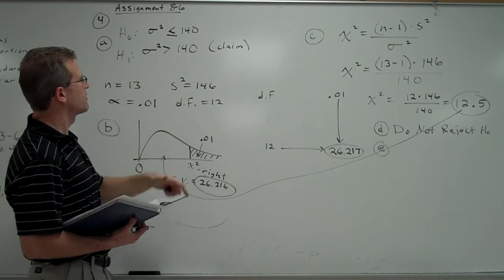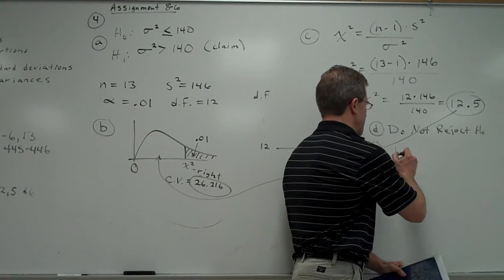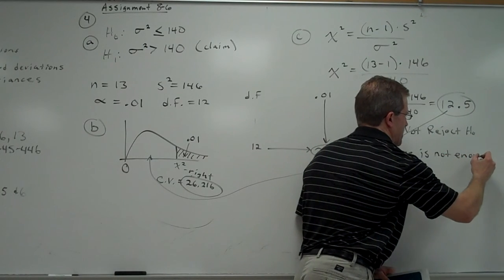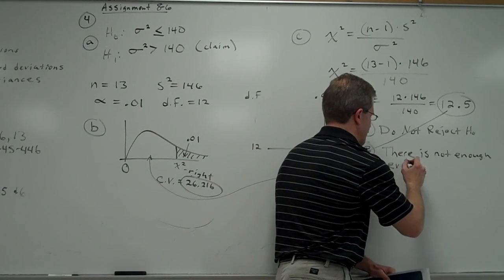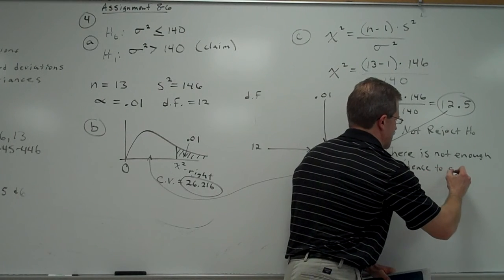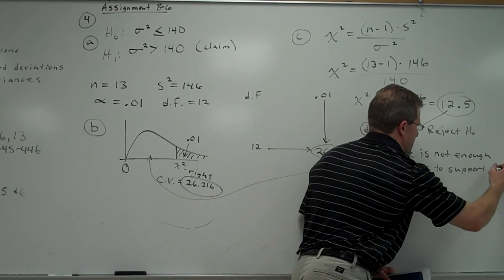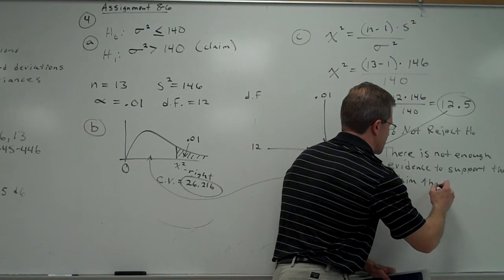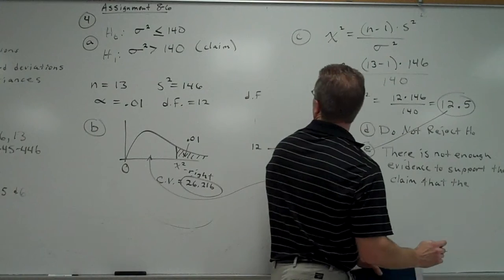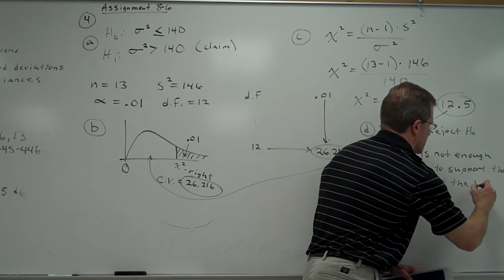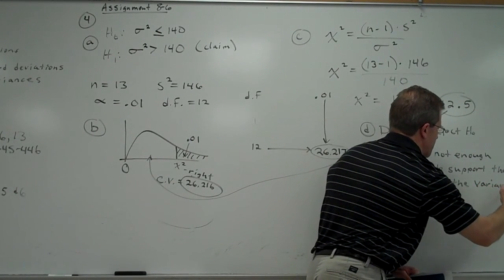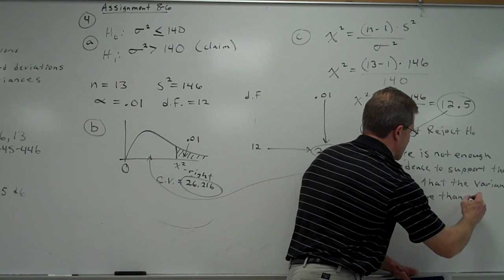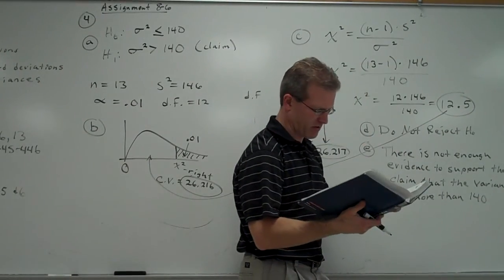So we're going to say there's not enough evidence to support the claim that the variance is more than 140 forest fires.